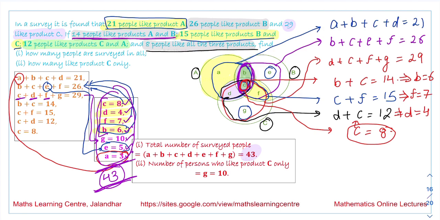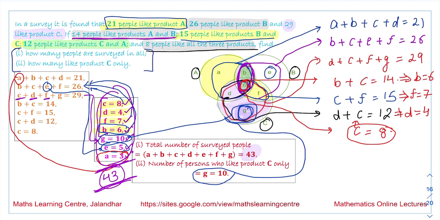The number of persons who like product C only is this region, this portion we are talking about. The number of persons is G, and the value of G is 10. So the number of persons who like product C only is G, which is 10. This is our answer for both these parts.